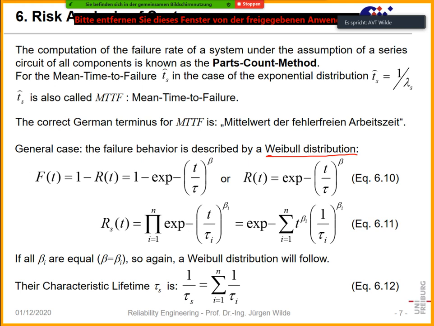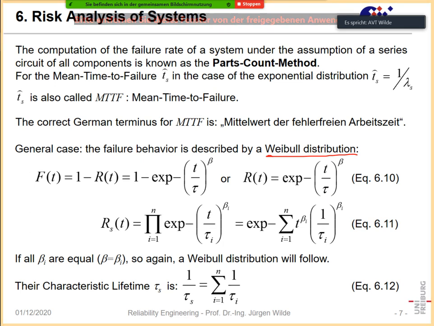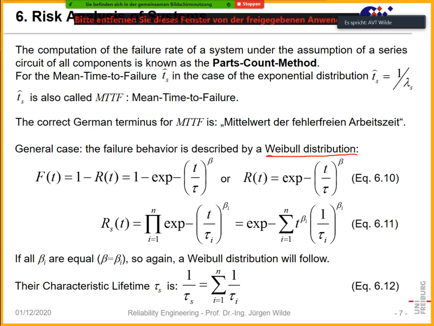What you can show now is the following, that when you take the R of t as e to the minus t divided by tau to the power of beta, if all beta are equal, and only in this case, you can have an analytical solution.